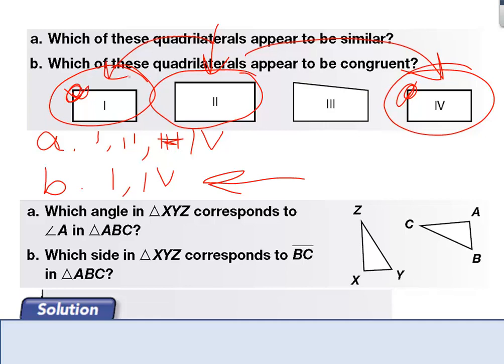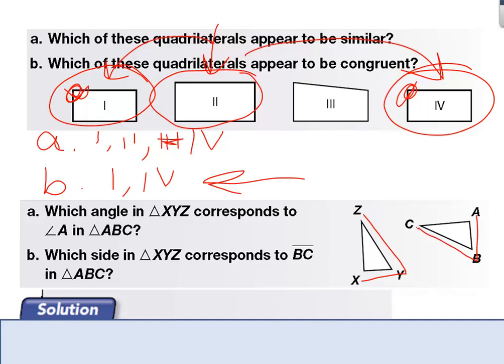So now let's talk about corresponding. Remember how I was talking about the back of my hand? Look at number A, looking at angles in X, Y, Z. Which angle in X, Y, Z corresponds to A in A, B, C?